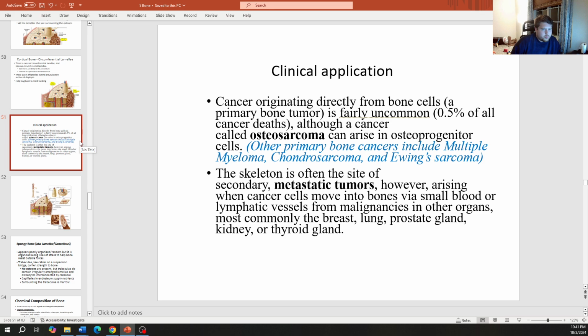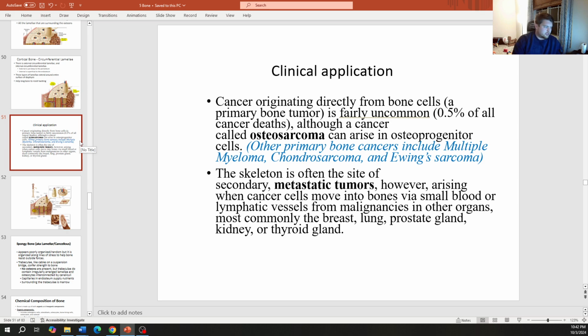It's not super common that bone is the primary source of the cancer, meaning that the cancer cells are bone cells themselves. A couple conditions that you'll see over and over again are osteosarcoma, multiple myeloma, chondrosarcoma, Ewing sarcoma. These words might not mean a lot to you right now. In the future, they will. So they're fairly uncommon as far as everything goes.